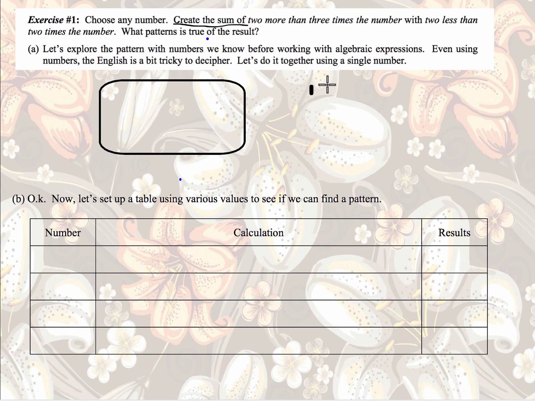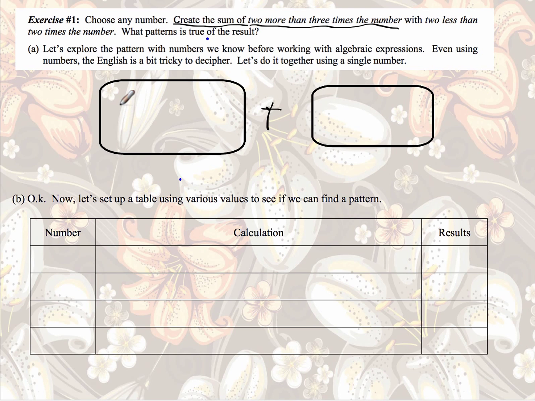And this is going to represent where I'm going to put the second number. Now it said sum, so I'm adding these 2 things together. So what are we adding together? 2 more than 3 times the number.